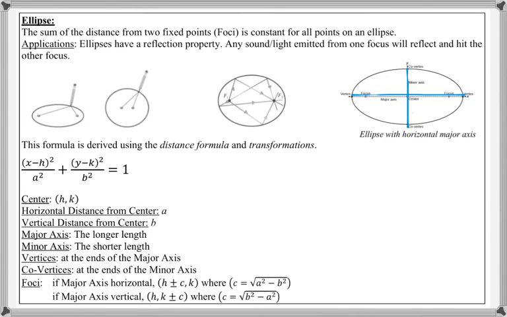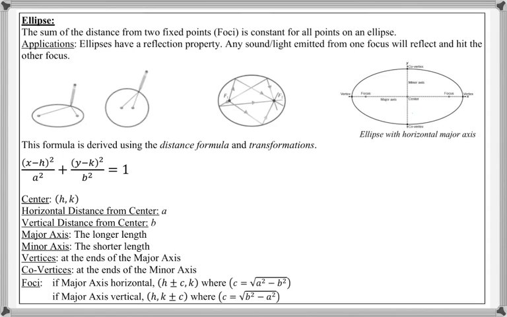And the major one will not always be the horizontal one. In this diagram it is, but sometimes the major axis can be vertical. So we need to be careful of that. And the vertices will always be on the ends of the major axis, and the co-vertices will always be on the ends of the minor axis.